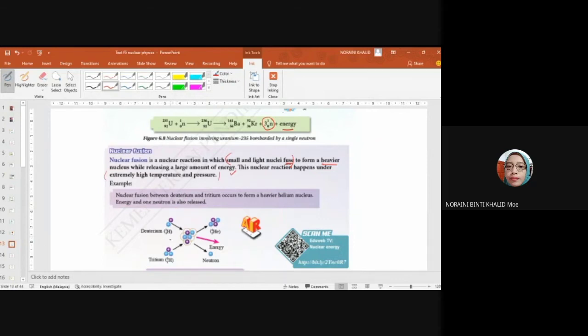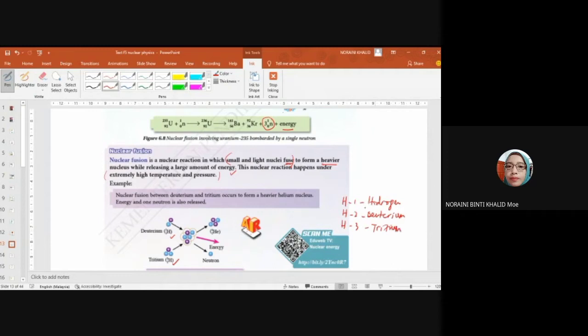Look at here. This is deuterium and tritium. Actually, deuterium and tritium are isotopes of hydrogen. So we have hydrogen-1, hydrogen-2, hydrogen-3. This is hydrogen. This is deuterium. This is tritium.